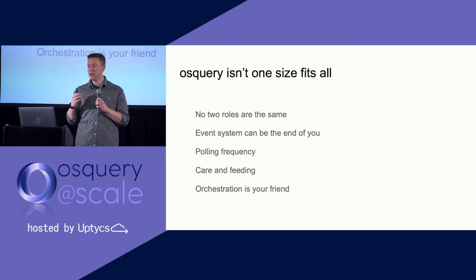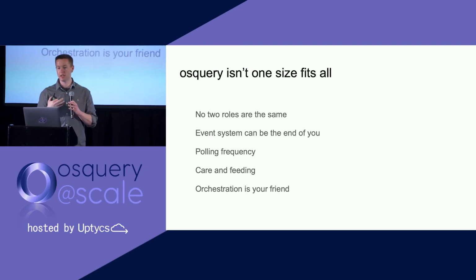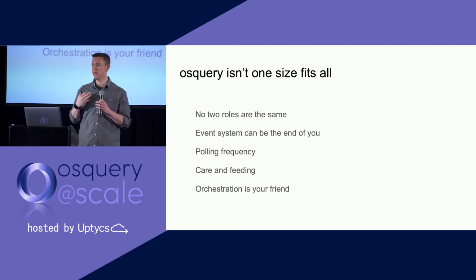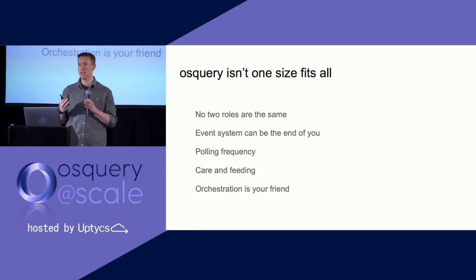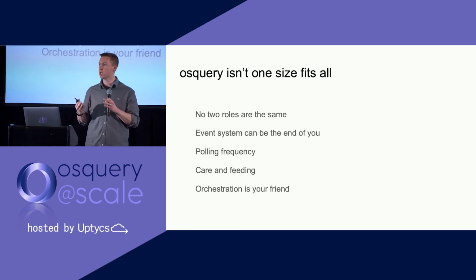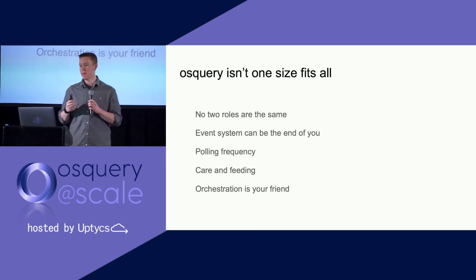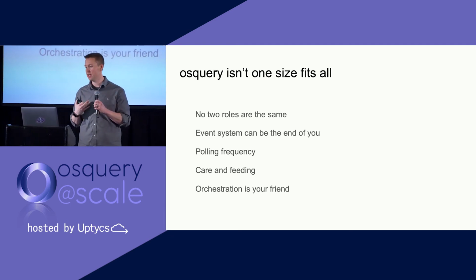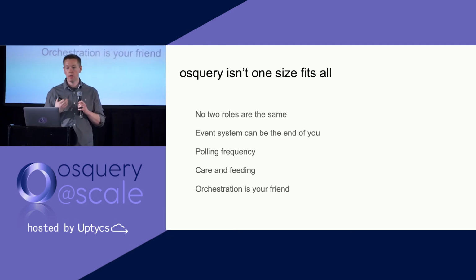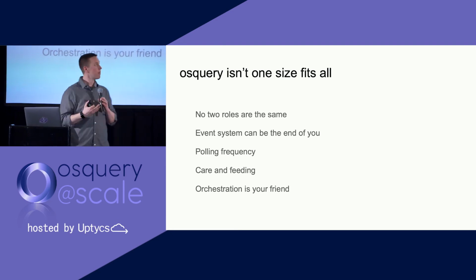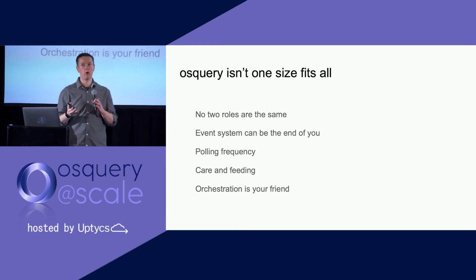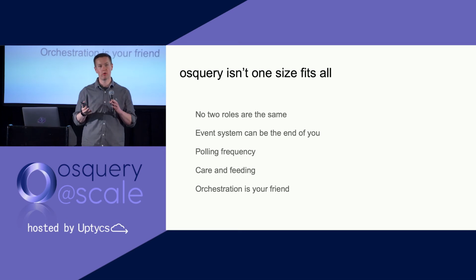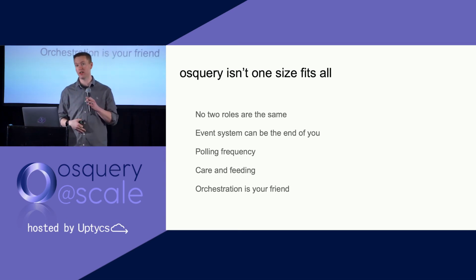Inside of GitLab, we tend to do things by jumping in both feet first. One of our major values is to iterate on things, and sometimes we'll jump in and just give it a go as a V1. osquery was very much one of those things for us, and really that was on me, where we assumed things like the same osquery pack would work across all of our roles in production, and that is absolutely not the case.